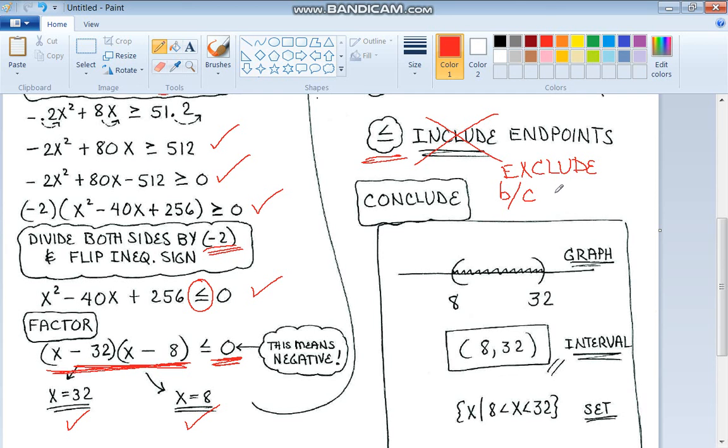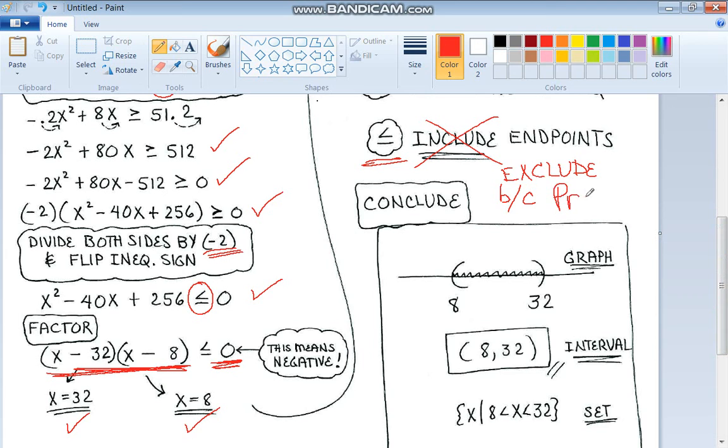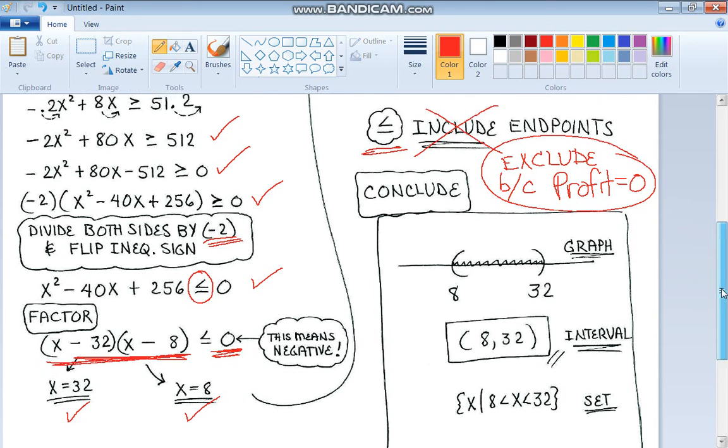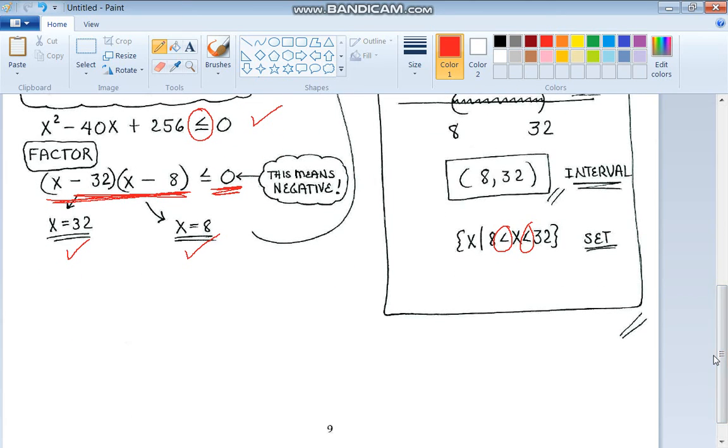Because we do not want the profit to be equal to 0. All right, that's the reason. Okay, so round bracket on the 8, round bracket on the 32, shade, round brackets in the interval form, and no equal portions in the set notation. And we are finished.